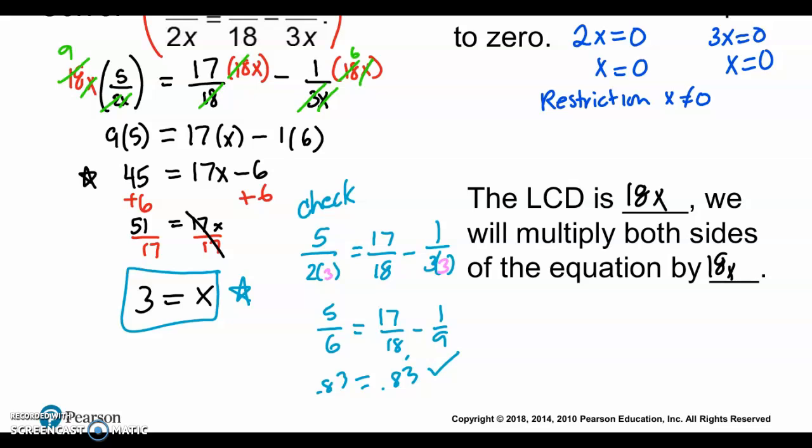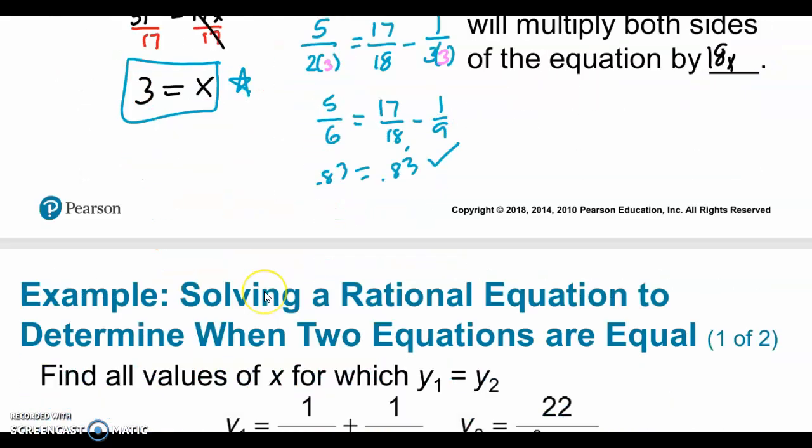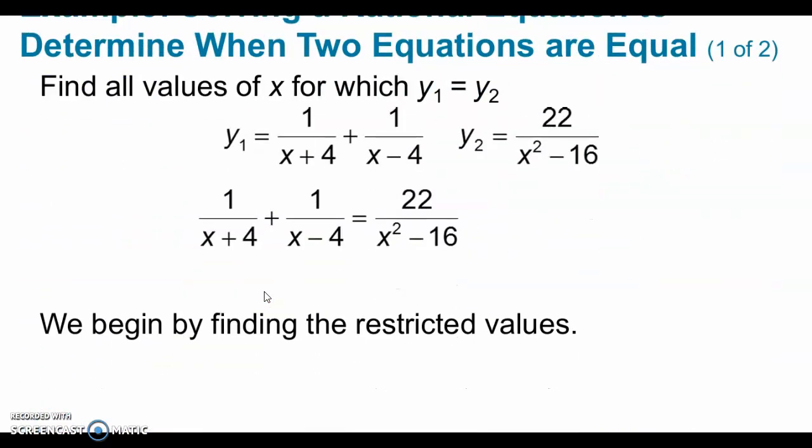So we are in section 2.1, and we had just discussed how to solve a rational equation. Now we're going to look at this one. We want to know the values of x for which y1 equals y2, and here's y1, here's y2.